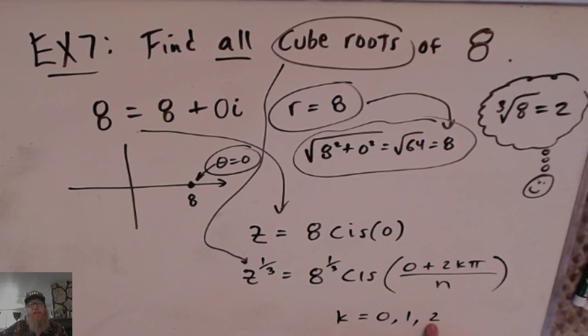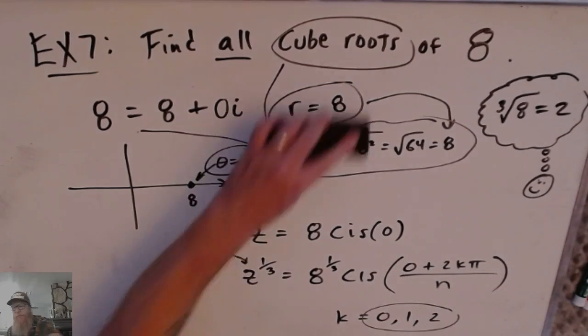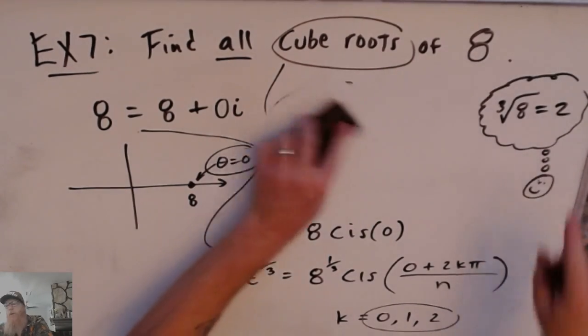You always stop one shy of whatever root you're doing. If you're doing a square root, you do 0 and 1. You're doing a cube root, you do 0, 1, and 2. So on and so forth. Fourth root, you do 0, 1, 2, and 3. So we're doing 0, 1, and 2. We're just going to repeat this recipe 3 times. That'll give us all of our cube roots. Remember, we already know one of them is going to be 2.